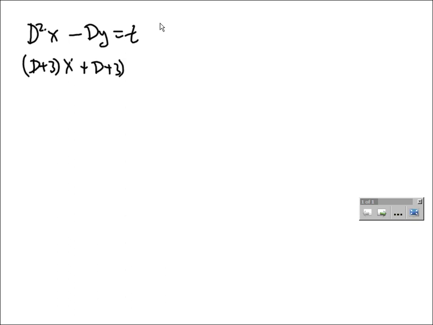This new problem is d squared x minus dy is equal to t, and d plus 3 on x plus d plus 3 on y equal to 2. Let us get rid of what's in front of y.